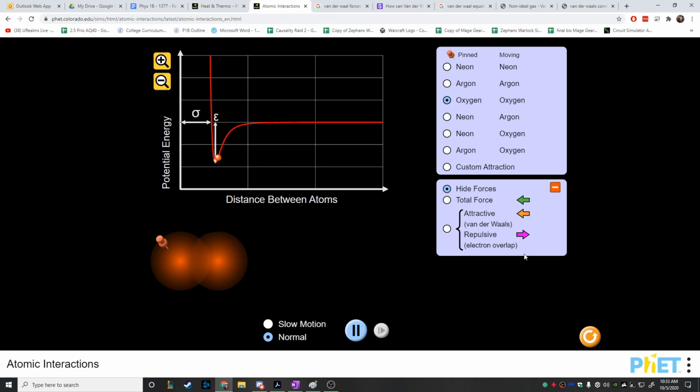On the other side, you've got the attractive force, which is the van der Waals forces that we were talking about. The van der Waals forces come about due to induced polarizations, wherein the negative charges on the outside here get pushed to the left side, and all of a sudden there's an attraction that occurs.